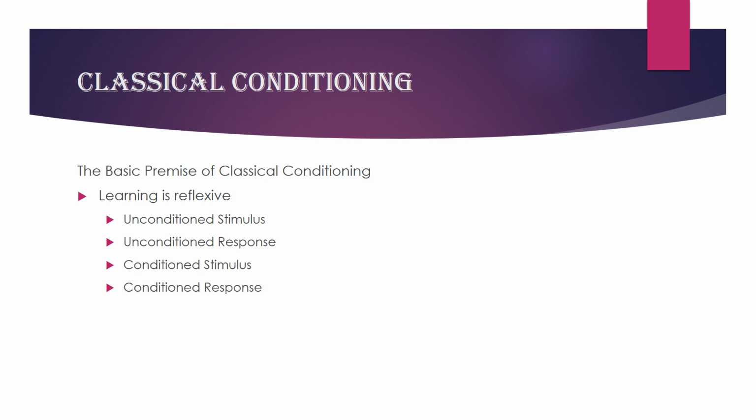A conditioned response, all right, a conditioned response is a learned response. It is a learned reaction, all right? And basically, it happens because of the presence of a conditioned stimulus. So a conditioned response happens because of the presence of a CS, all right?